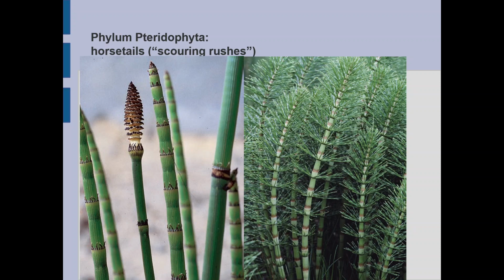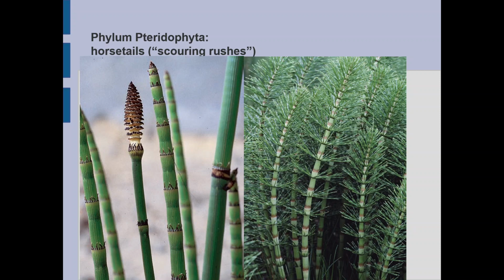Horsetail spores will uncoil when they dry out, and that helps them to spread.